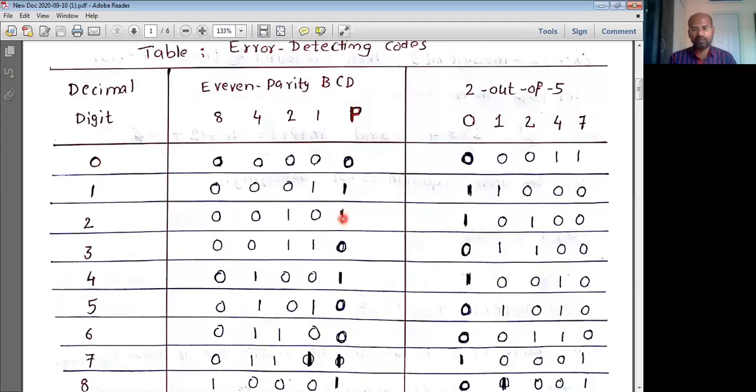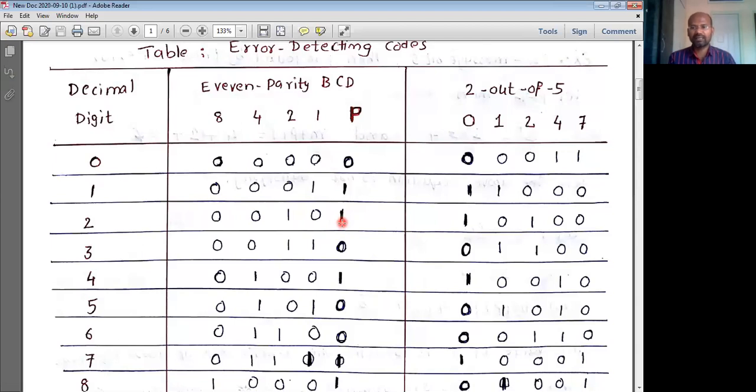The receiver divides all these bits. The receiver knows this first bit is the parity bit, and here we have written 1. The number of ones present in the received code, including the parity bit, must be even. But what we have received is 00111, including the parity bit.